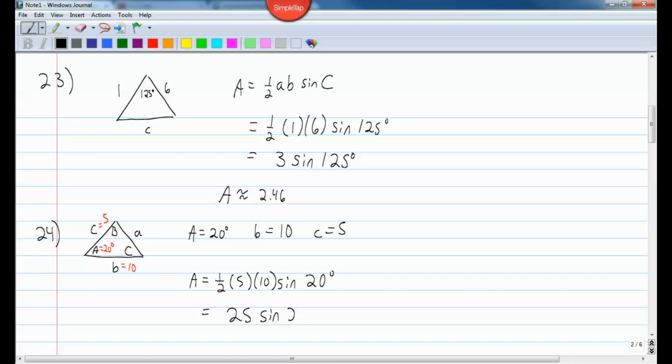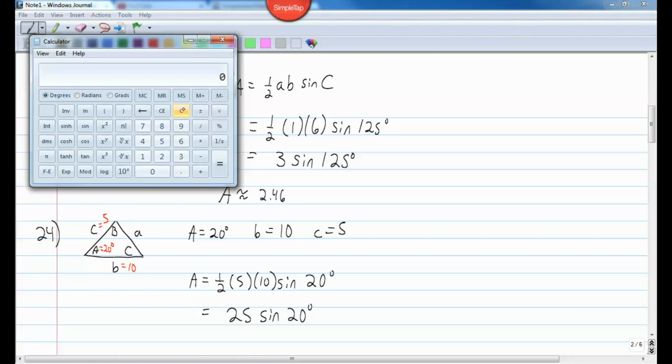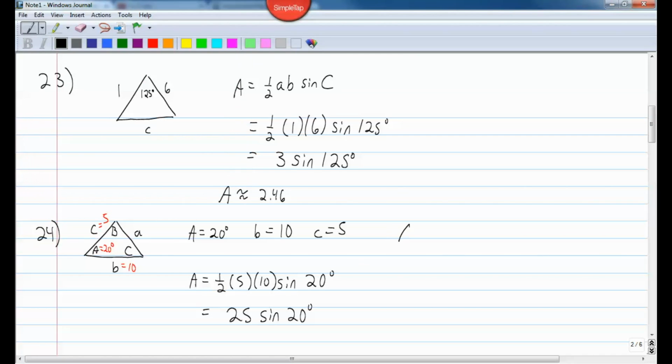So it's 25 times the sine of 20 degrees. So 25 times 20 sine equals. If I round this to two places, that's 8.55. So the area is about 8.55 square units.